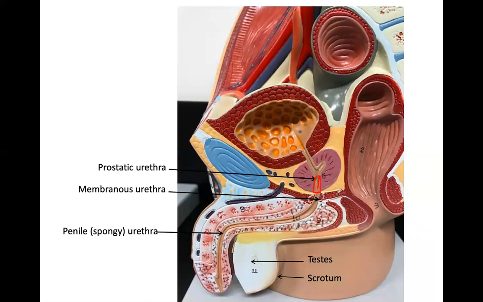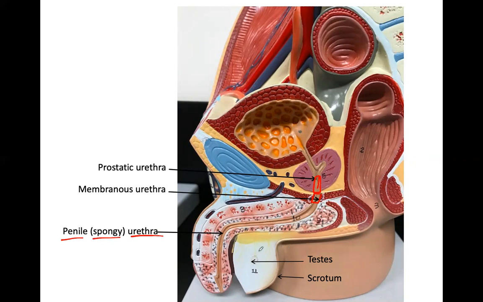As it passes through this membrane, which is called the urogenital diaphragm, right here, that line, this small region is called the membranous urethra. And as it continues through the length of the penis, you refer to that as the penile or spongy urethra.